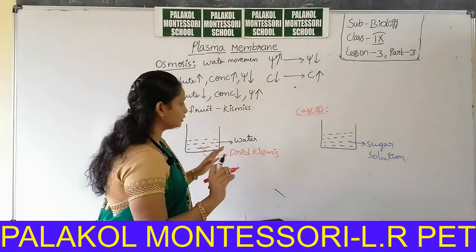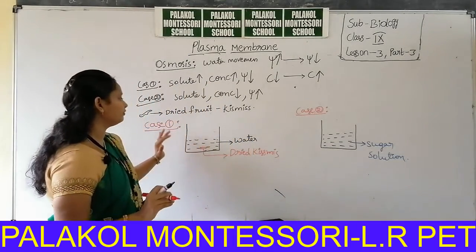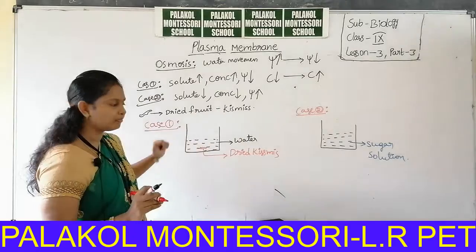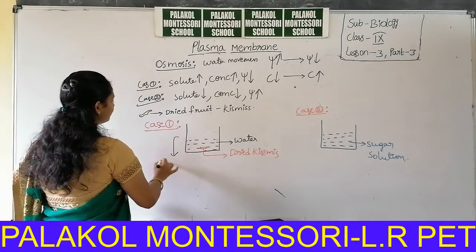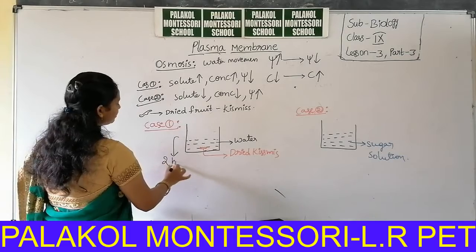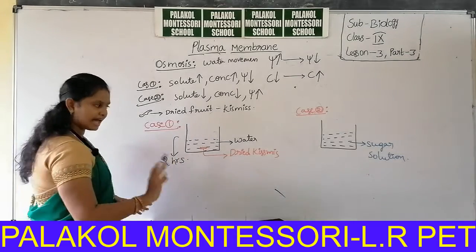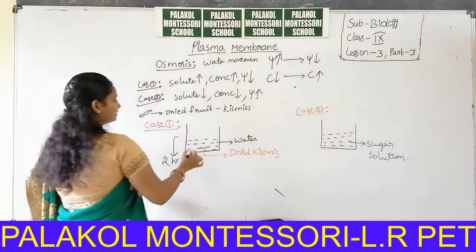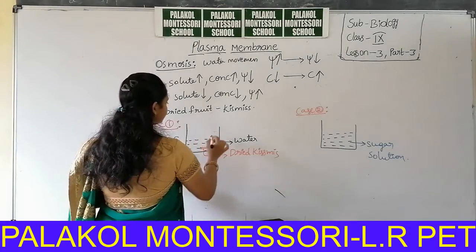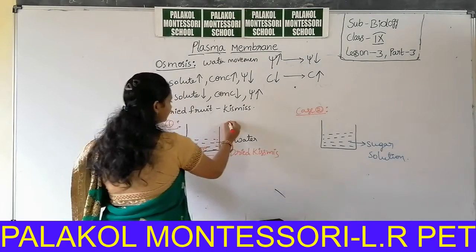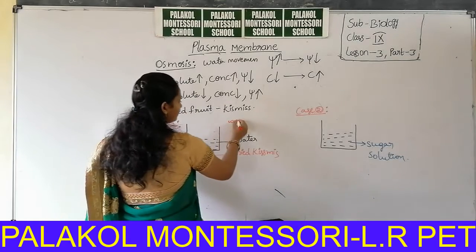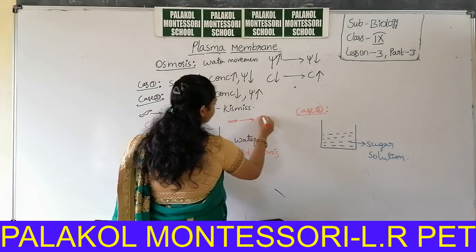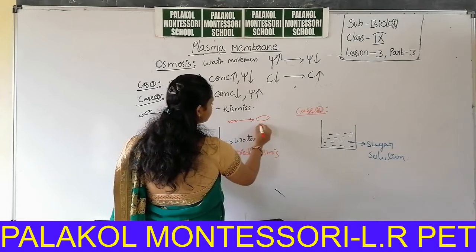So in this case we want to observe first step 1. After 1 hour or 2 hours, what will happen here? The dried kismis present in the water becomes swollen kismis.